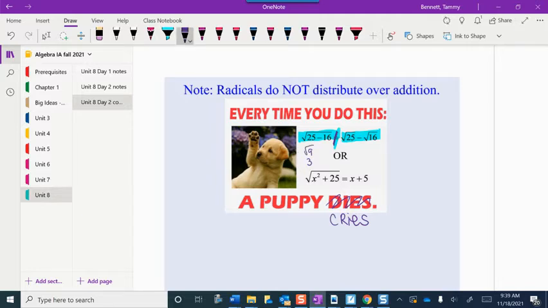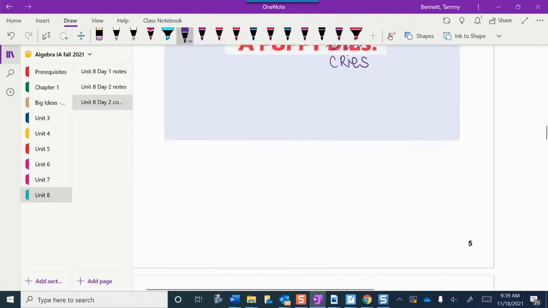And then the other side would be square root of 25 is 5, square root of 16 is 4, and 5 minus 4 is 1. So these are not equal to each other. Don't do that. Likewise, the square root of x squared plus 25 does not equal x plus 5. So keep that in mind. Star these. Don't do that stuff because a puppy will cry.